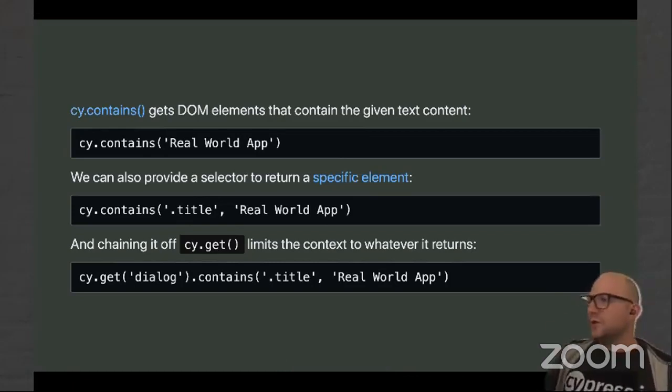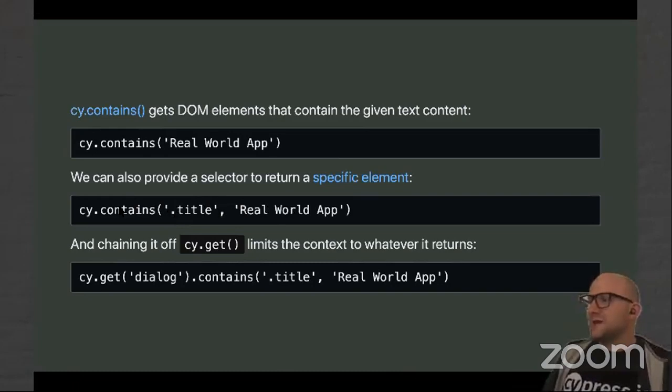So let's just say that real world app is somewhere inside of the title element, or the element with the title class. Then we can put this title there. And I like the way that looks, because we're saying, okay, we want to find the title real world app, or button real world app, which we'll talk about how to use that button in a bit for our login.